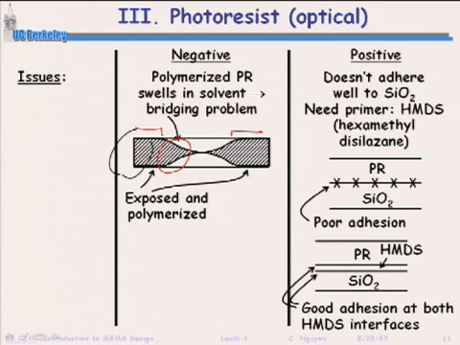Okay, positive resist doesn't have this problem, but positive resist has another problem, and that's that it doesn't stick very well to surfaces, okay, especially oxides. But you could solve that problem by putting down a primer. So hexamethyldisilazane, often called HMDS, is used before putting down positive resist. It's a gaseous thing that you just coat the surface with.